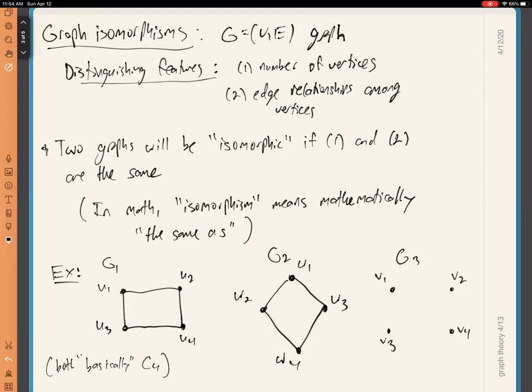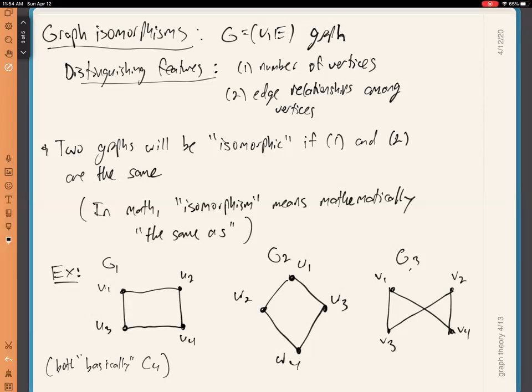And imagine that you flip, say, V2 over V4. You're going to get a picture that looks something sort of like this. Right, so imagine lifting V4 off the screen and then putting it above V2 and sort of unraveling this string or something like that. You should be able to go from G3 back to G1 doing that.